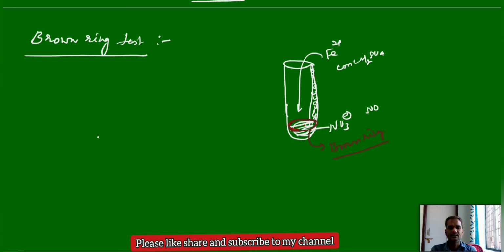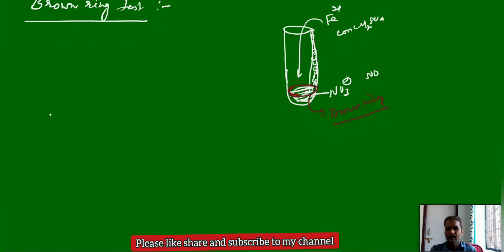The chemical reactions that take place in this brown ring test are like this. First, the nitrate ion NO3 minus is treated with iron 2 plus ions in an acidic medium, in the presence of concentrated sulfuric acid. It can produce nitric oxide.